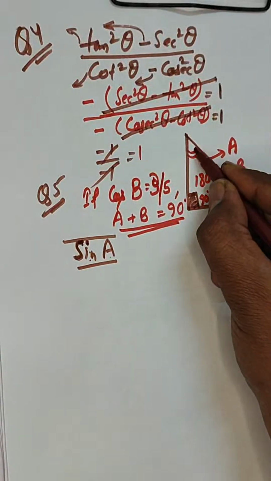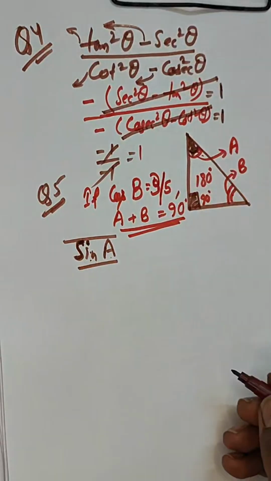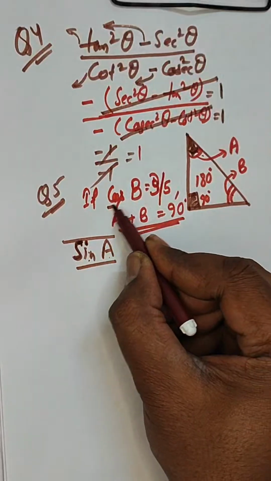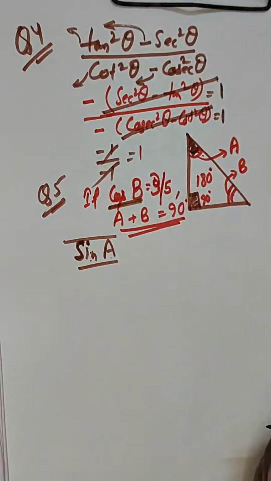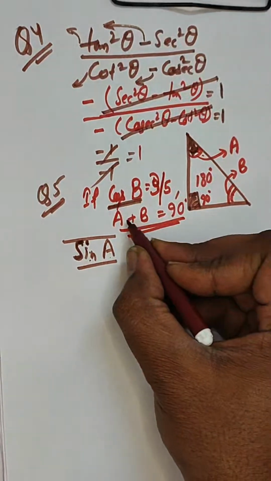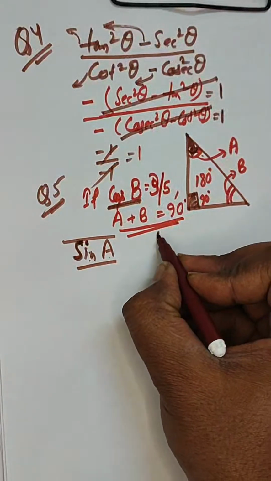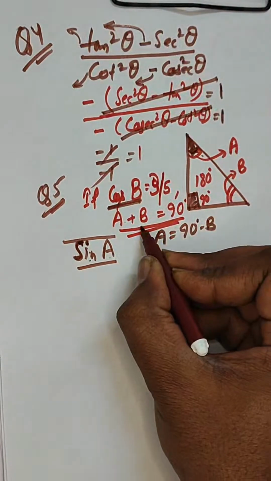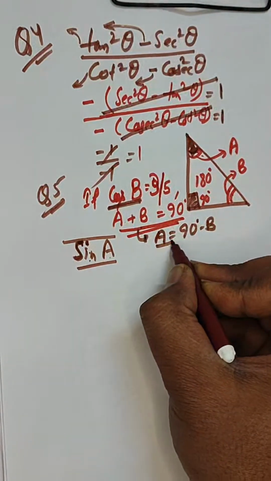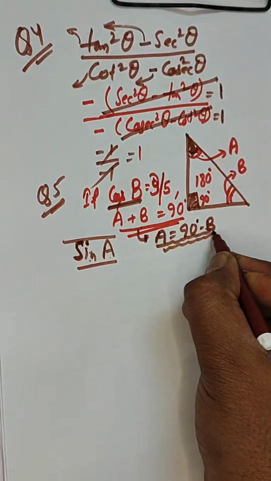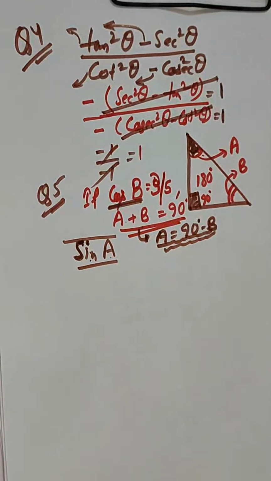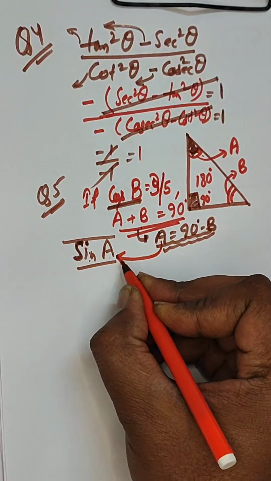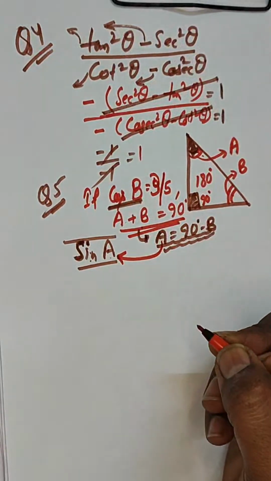Sine a means this angle needs to be found, but there is no relation given for a; the relation is given for b only. So if a plus b is 90, can we write a as 90 minus b?